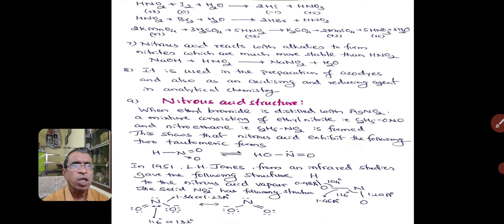The structures are shown, where the bond length is 1.46 angstrom between nitrogen and oxygen, and the bond angle is 104 degrees, and the bond length between nitrogen and oxygen of the NOH group is 1.20 angstrom.